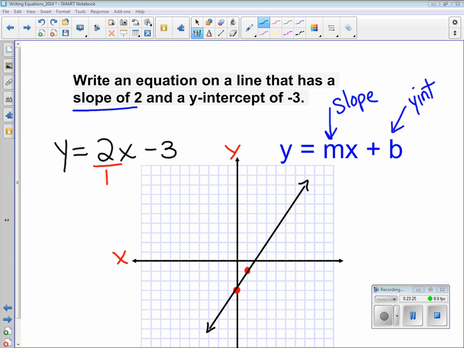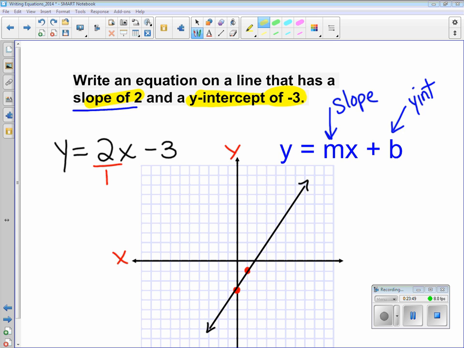Now, notice what I'm given in both cases to be able to write the equation. I'm given a slope, and actually, isn't the y-intercept just a point? It's the starting point in this particular equation. So in order to write an equation of a line, that's all you ever need, is a slope and a point. Anytime you're given both a slope and a point, you can do it.